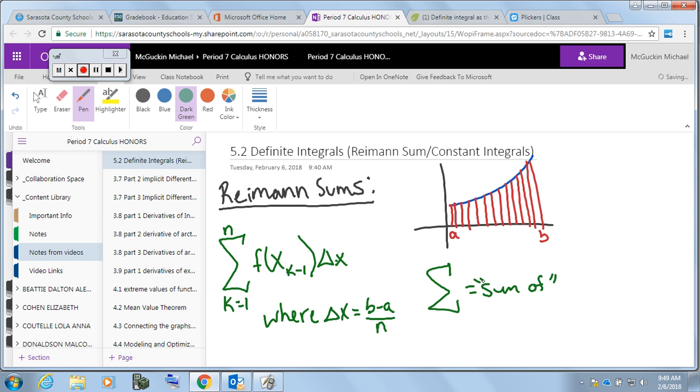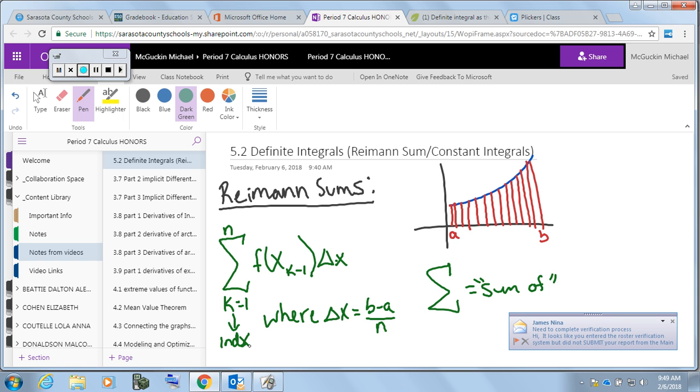And then there are parts to the sigma notation. Where you see k, k is called our index, and that's the beginning point for whatever the x value is. So you see inside that function, x sub k minus 1. Well, you're starting at x sub k minus 1, which is 1 minus 1, which is 0. That's our starting point.